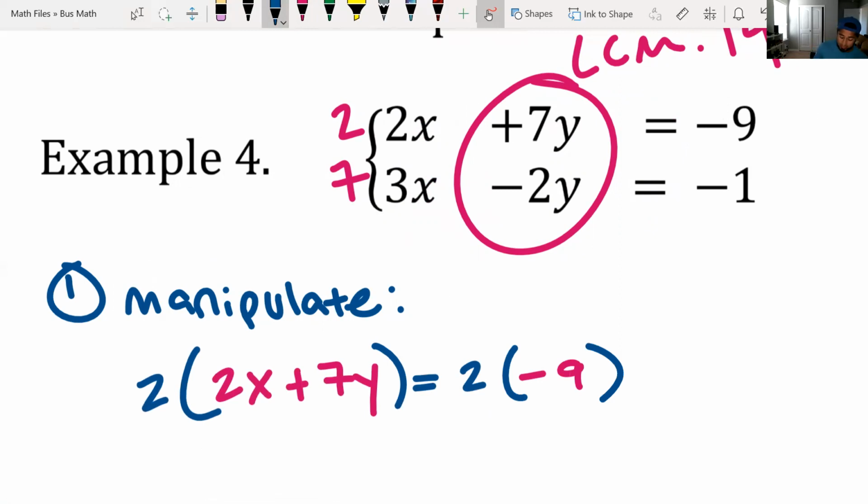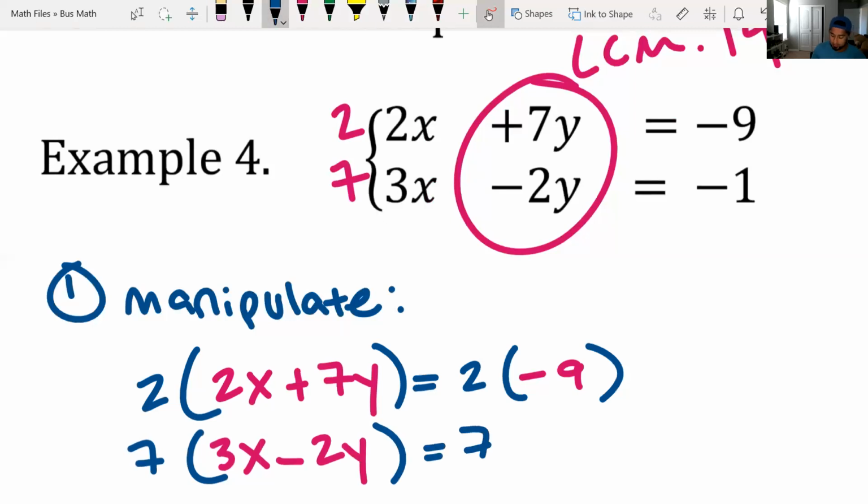And then I have 7 times the second equation, 3x minus 2y equal to 7 times -1.